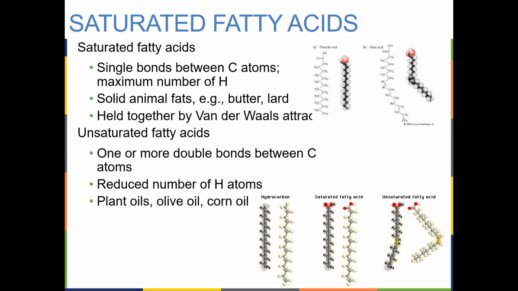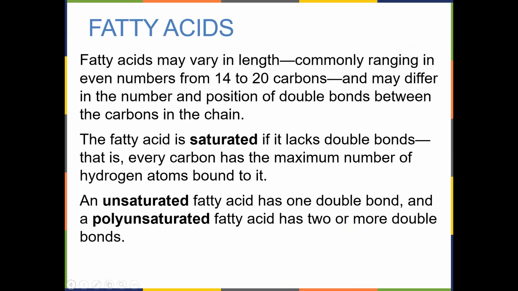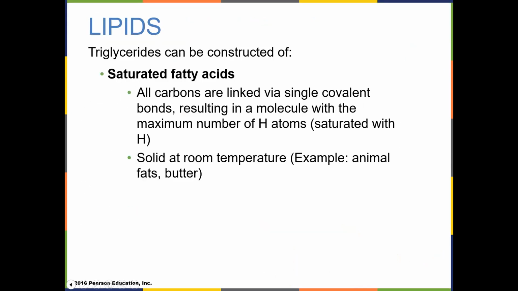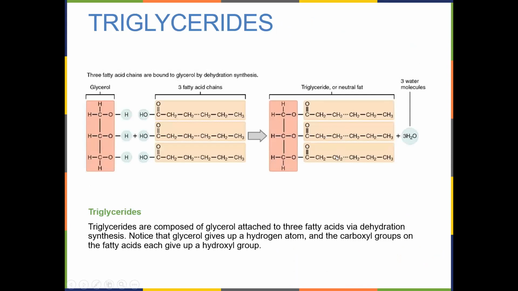Van der Waals attraction is what occurs in these fatty acid chains. These saturated fatty acids are lined up. Let me go back here. Right here, these are lined up in close proximity to one another. And as they're saturated, they're going to be attracted to each other through van der Waals attraction, which is like a magnetic attraction.